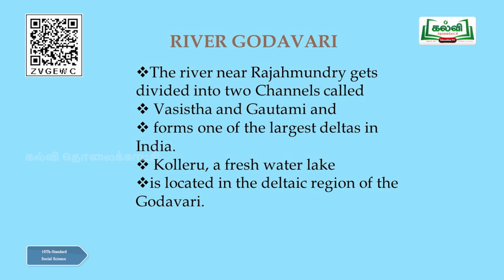The river Godavari near Rajamundry gets divided into two channels. One is called Vashishta and another one is called Gautami. This forms one of the largest deltas in India. Here in river Godavari, there is one freshwater lake. The name of the lake is Kolleru Lake, which is located in the deltaic region of the Godavari.